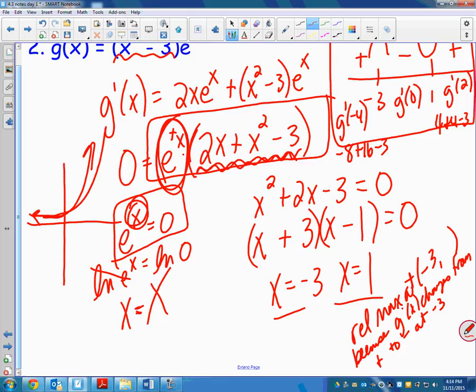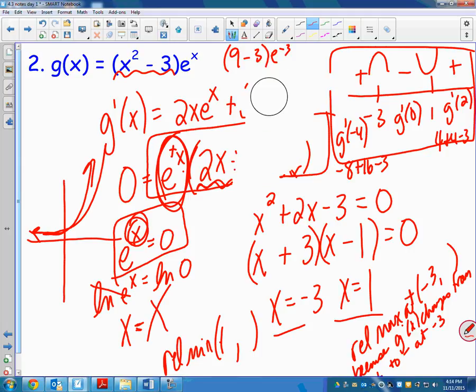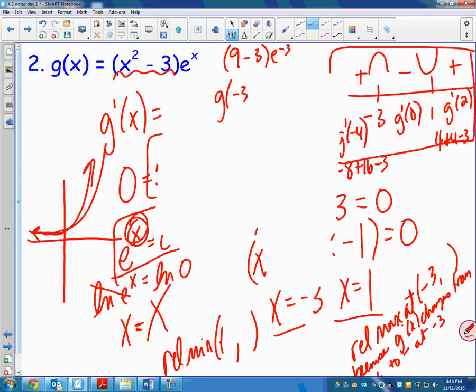And then we could plug negative 3 in there to get the y value, and we could say that there's a relative min at 1 something. And yes, our answers aren't going to be that nice without a calculator. If I plug negative 3 in here, I'm going to get 9 minus 3 times e to the negative 3. I'm going to erase some of this. So g of negative 3 is 6e to the negative 3, or 6 over e cubed.